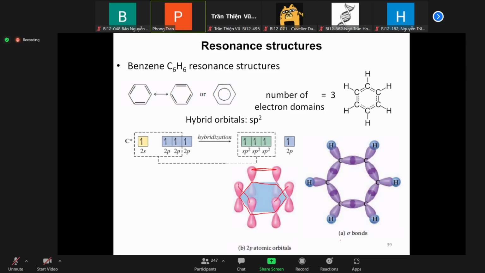But also you can make the pi bond this way, and this way. So by the concept of resonance, we say that the pi bond will move from this one to this one to this one to this one and to this one. In other words, we can say that all the p orbitals will overlap and make a cloud together above and below this molecule plane. Okay, so basically we cannot distinguish the carbon atoms.